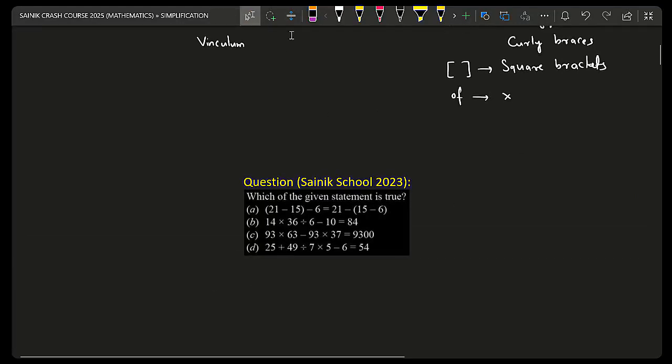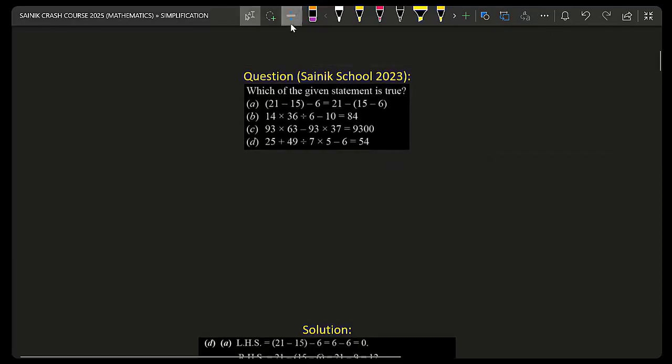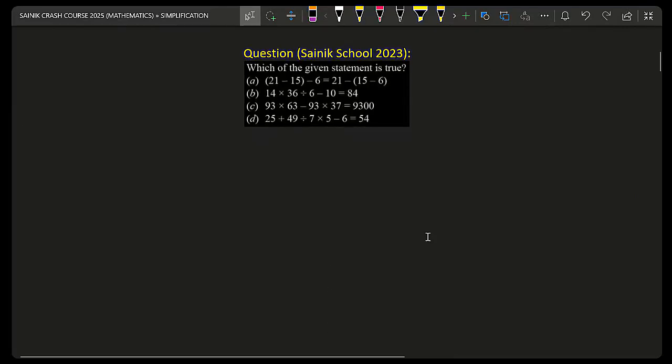All of you try to solve this question. This question came in the 2023 exam. Which of the given statements is true? Which option is correct? Solve all the options. Wherever you get LHS equal to RHS, that will be the correct answer.